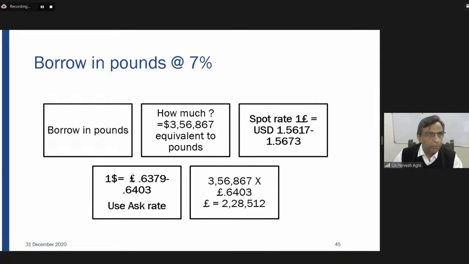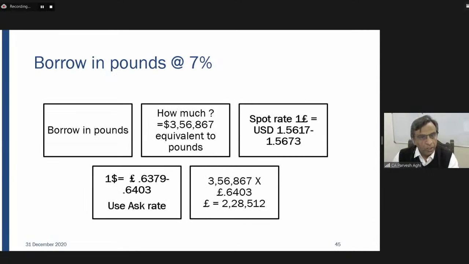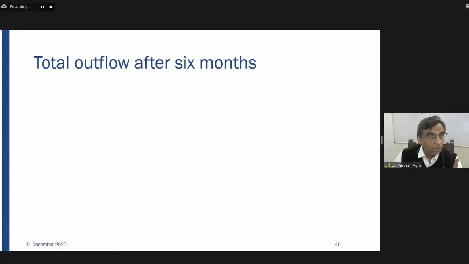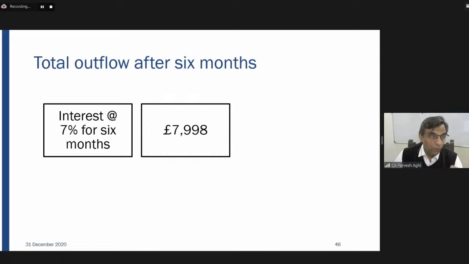Just to repeat that, we just lost some track here. What was there? The borrow in pounds. So how much was he supposed to borrow? 2,28,512, which is given in the last box. He has borrowed the money, and we know the rate of interest in the UK is 7%. He has borrowed for 6 months. So the total outflow on account of pounds for 6 months at the rate of 7% works out to 7,998 pounds.